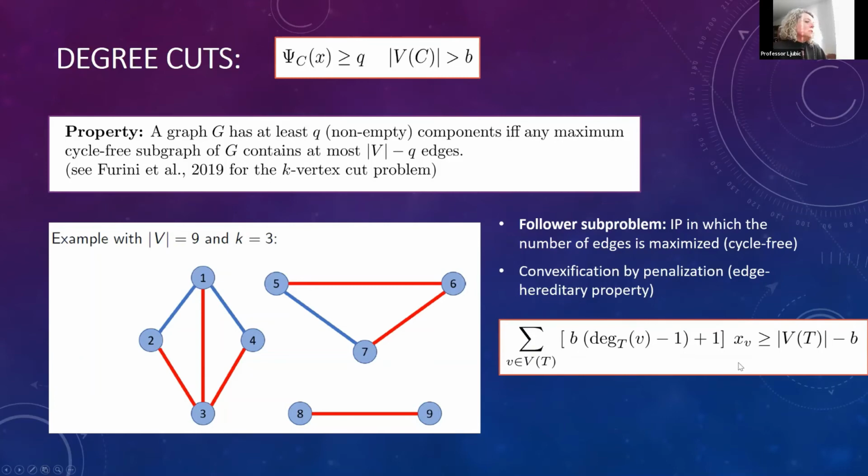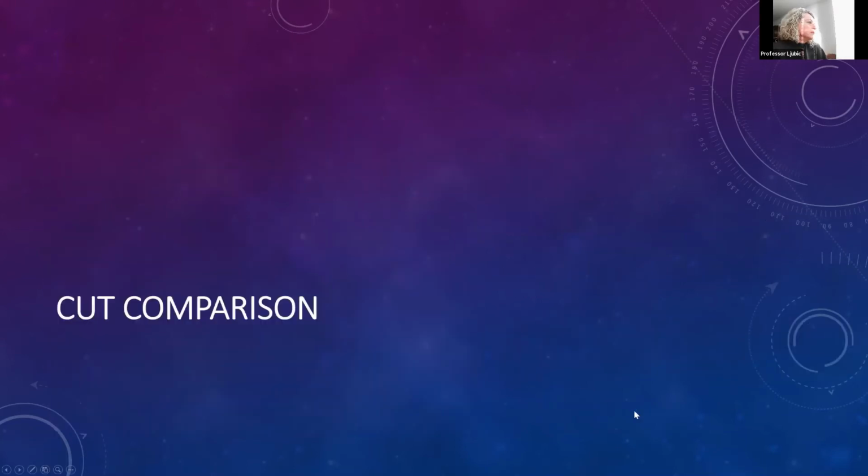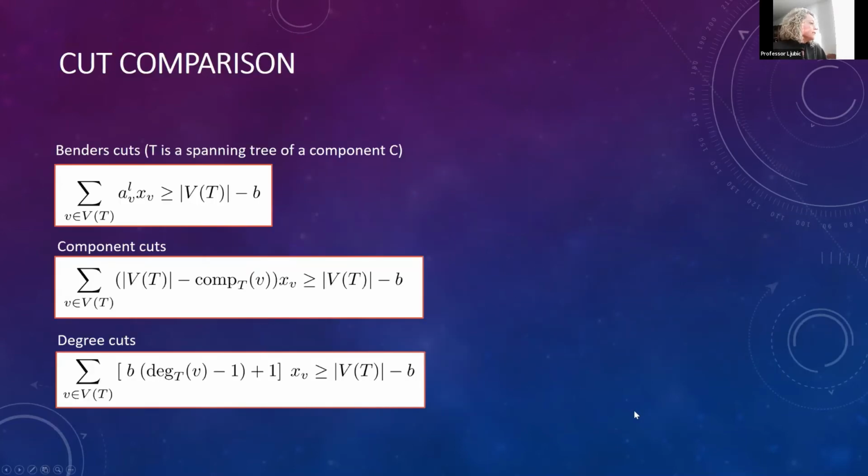To sum up, separation of these cuts can also be done based on the breadth first search. Here are these 3 different families of cuts, and what you can observe is that the right-hand side is always the same. We always derive these cuts on an arbitrary spanning tree from the given connected component. And what differs here are the coefficients.